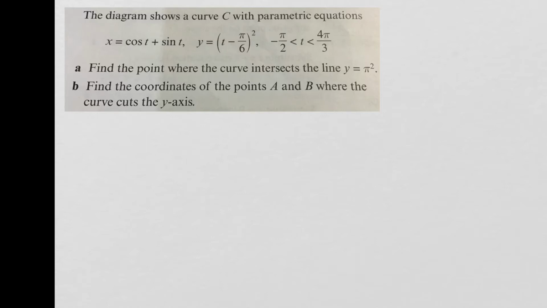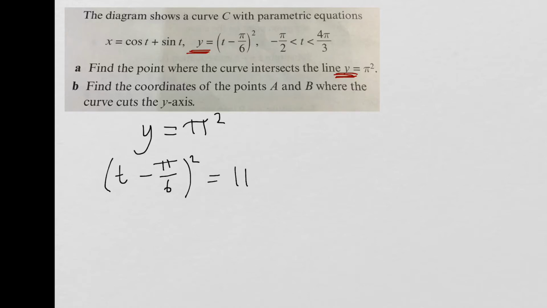Start by having a look at your line, or your intersection, and look at what values you've got. Here I've got an expression for y, but for my parametric equations I also have an expression for y. So I'm going to begin by making a substitution for y into the equation. If y is equal to pi squared, it follows that t minus pi over 6, all squared, is equivalent to pi squared.